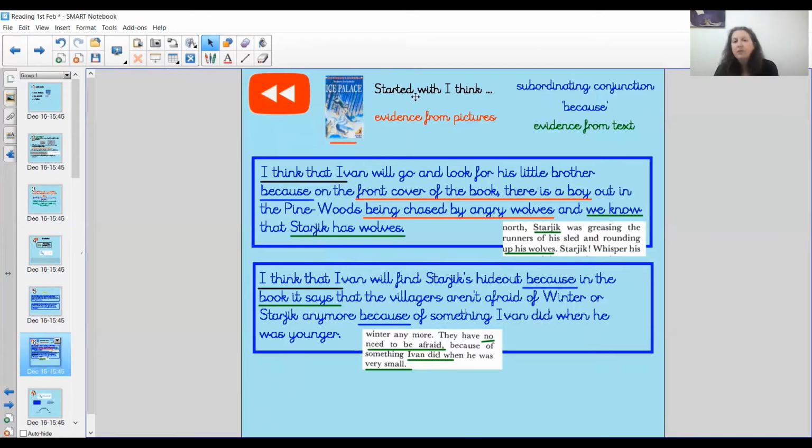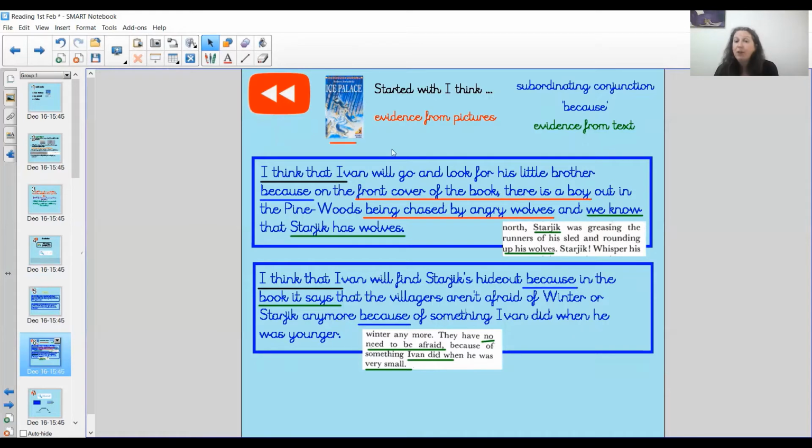Both of our predictions have used the subordinating conjunction because. And then after we've used the word because, we have given our evidence. And that evidence may have been from the text, or that evidence may have been from pictures.